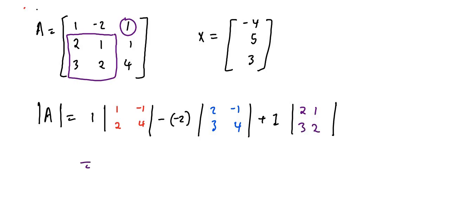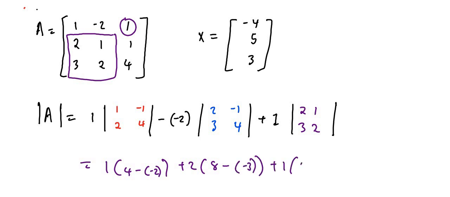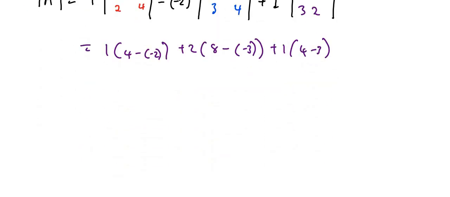Then here we can proceed. The determinant here is just going to be 1 times 4, which is a 4, minus 2 times this, which is a negative 2. Then this is a plus 2. Then this is going to be 8, minus negative 3. Then plus 1 times 4 minus 3.